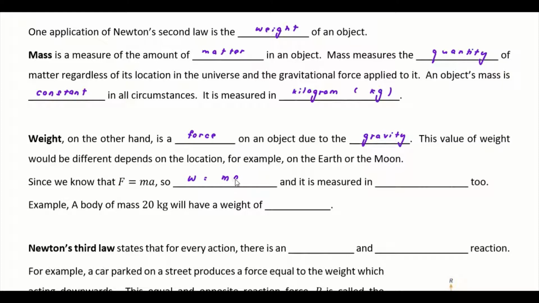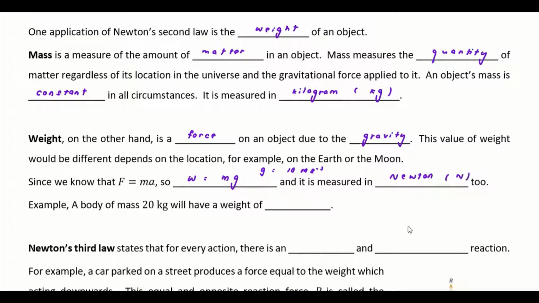So it's g. I hope you still remember g is basically 10 here. You can just write down g is 10 meter per second square. I mean, it's 9.8 and so on, but in maths, we just round it to 10 for easier calculation. And it is measured in newtons also because it's one of the forces as well.